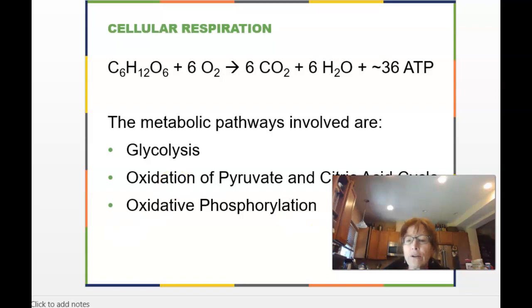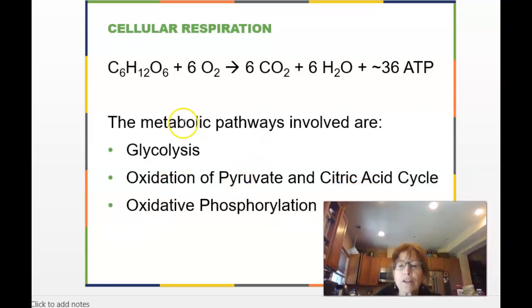So in general, just a short and sweet look at this, cellular respiration is taking sugar, so here's a glucose, the formula for glucose here, in the presence of oxygen, so here's the reaction, right, with oxygen. This is a combustion reaction, right, in a sense, because we're burning a fuel with oxygen.